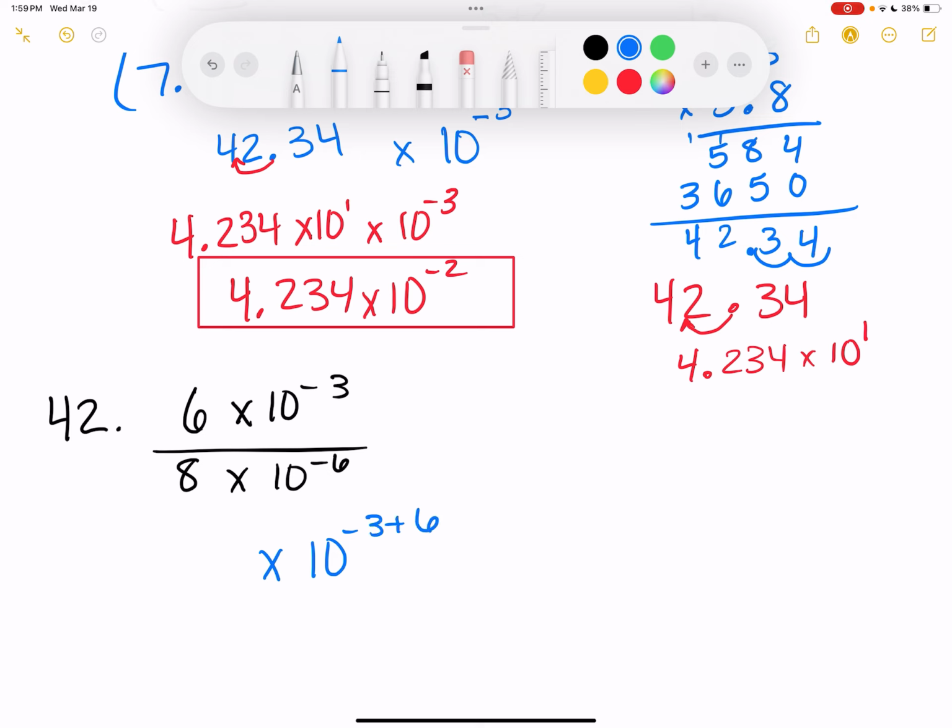What about this 6 over 8? You gotta make it 3/4. Okay, 3/4. It's one way I can think about it. I still need to divide it ultimately. What is 3/4 as a decimal? 0.75. Multiplication. Scientific notation is always an actual multiplication sign.